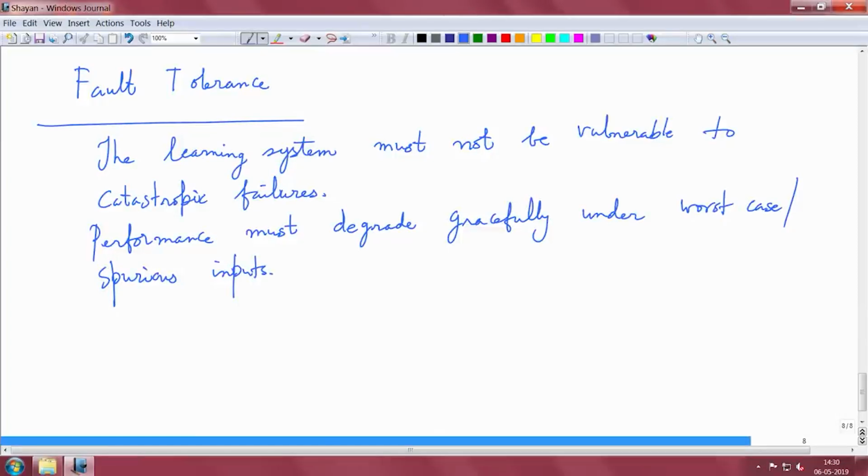We can think about it in the context of error correction learning, right. For example, I have learned that the sun rises in the east, but for some reason there was an error that says the sun rises in the west. There is a typo, and I can make out from context that it is not west, it has to be east, right.